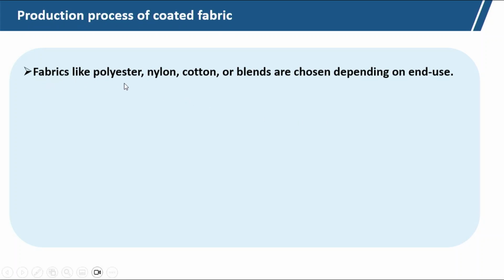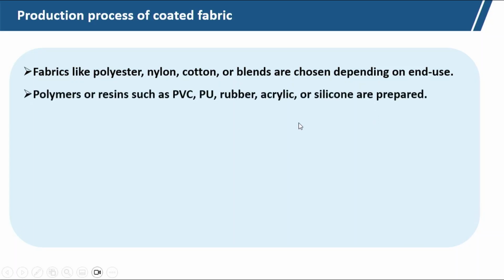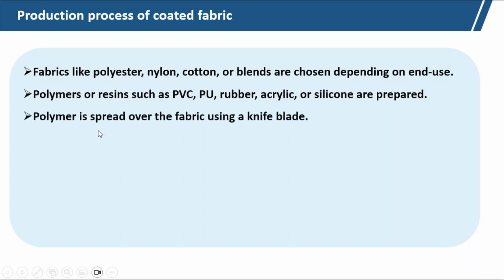Fabrics like polyester, nylon, cotton or blends are chosen depending on the end use. So, for different end uses we can use different types of fabrics. Now, polymers or resins such as PVC, PU, rubber, acrylic, silicone are prepared and then applied. They can be spread over the fabric using a knife blade.